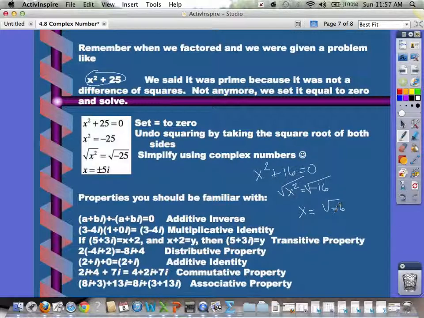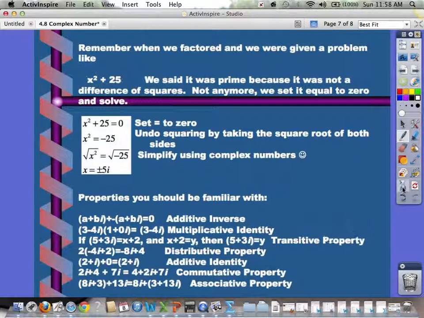We now know that's going to be an i. So then you have the square root of 16, which makes plus or minus 4i. Practicing with these things will help you a whole lot.